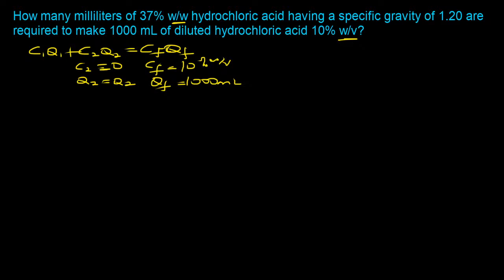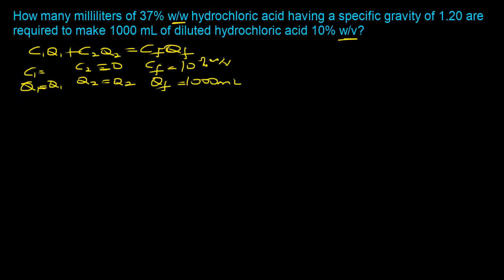Now for C1, we know what the concentration is in weight by weight, but we don't know the quantity, so we call that Q1. Now instead of putting down the concentration in weight by weight here, the number that will go here will be the value after we've converted the weight by weight to weight by volume. Okay, so let's see how that works.